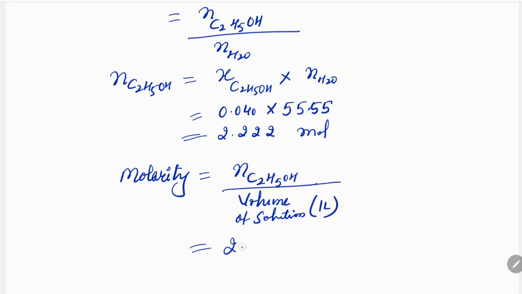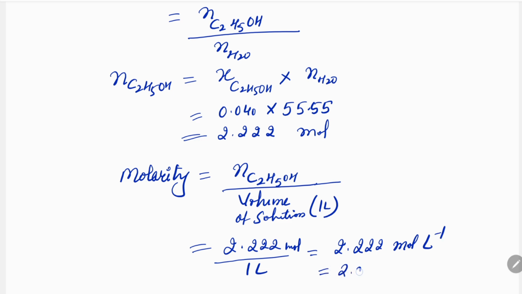So it comes out to be 2.222 moles divided by 1 liter, and that comes out to be 2.222 mole per liter, or 2.222 molar. So this is how you can calculate the molarity in this particular question.